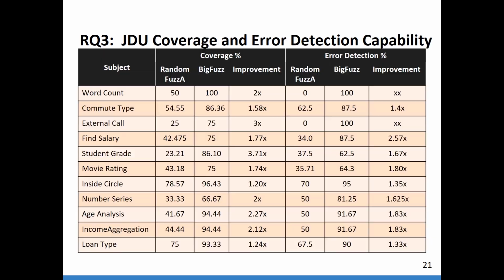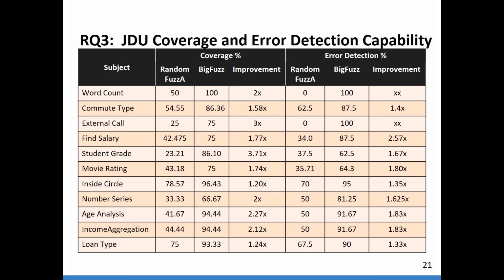To evaluate the covered JDU path and the corresponding error detection capability, we use 12 open-source big data analytics programs, and we automatically seed 52 errors in total to these programs. For the baseline, we use a downgraded version, random fuzz A, which retains the framework abstraction without error type guided mutations.